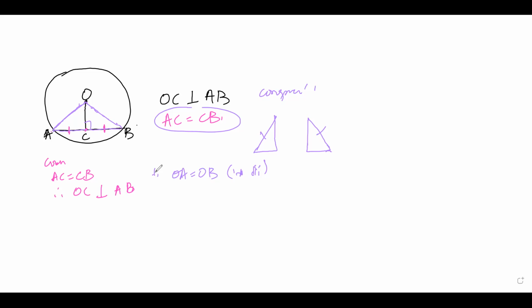As long as it's in the same circle, they are equal. Also check if you don't have a common side. A common side is like the wall you share with your neighbors. This wall belongs to this triangle, but it also belongs to that one. So OC is OC on the two triangles. So this will be triangle AOC and triangle BOC. So OC is a common side.